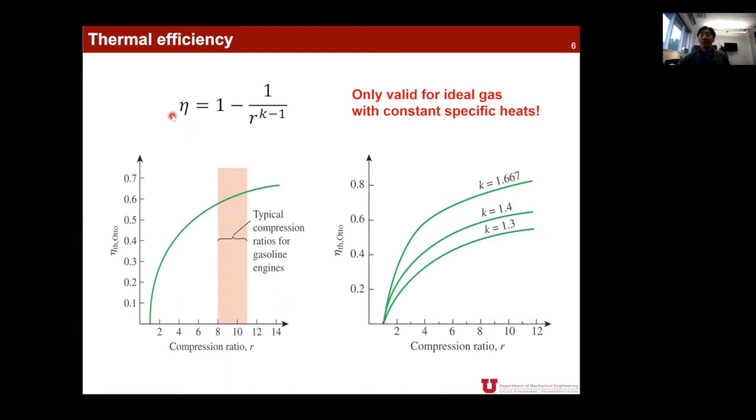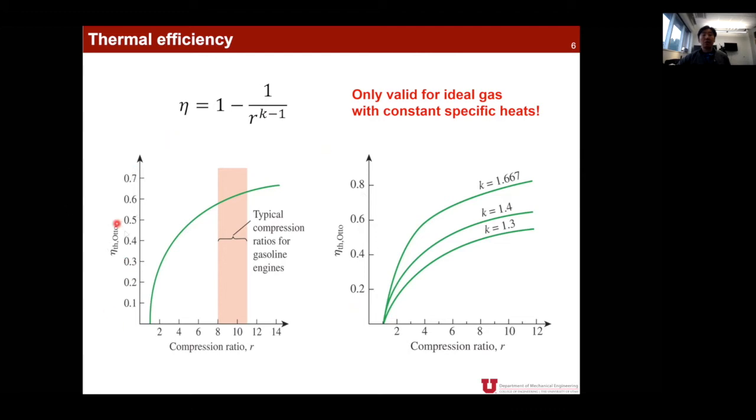Obviously, by looking at this equation, we can instantaneously realize that the efficiency of your engine is solely dependent upon your compression ratio. Let's not worry about this k at this moment. So we can draw the plot as you see in the left bottom side.